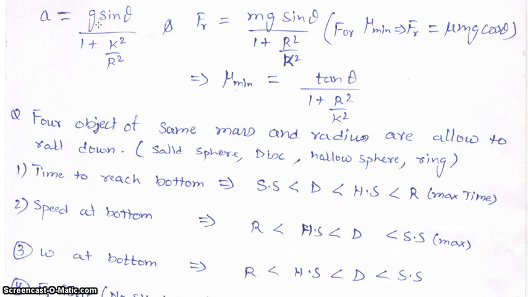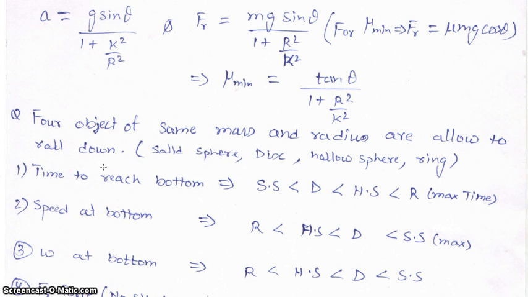So just remember this, that ring has the maximum value of k square by r square, which is 1, which is followed by hollow sphere, which is 2 by 3, and then disk, and then solid sphere.